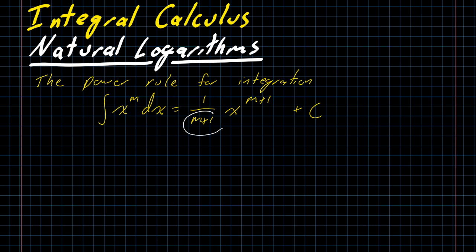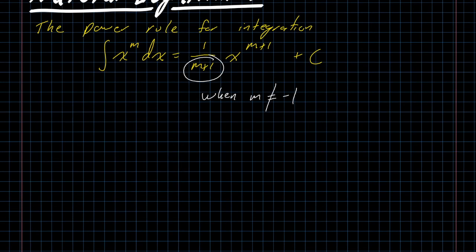And the problem here is that when m is equal to -1, then all of a sudden you have 1 over 0, which is undefined. So the power rule is only defined when m is not equal to -1. In the elementary integrals that you learn about in the first semester of calculus, there is no rule for x to the -1, which is 1 over x.